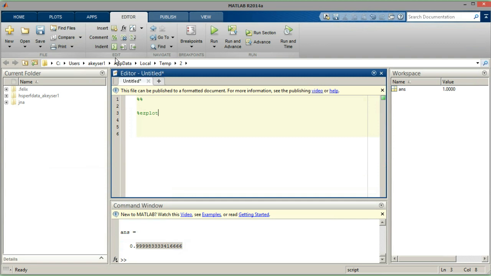Okay, and notice what I'm saying. Okay, so let me make this clear. Okay, so easy plot graphs functions in the coordinate plane within an indicated interval.